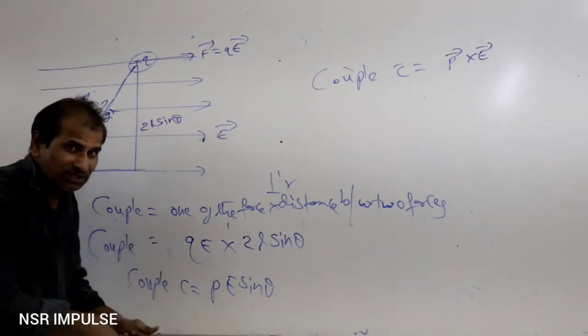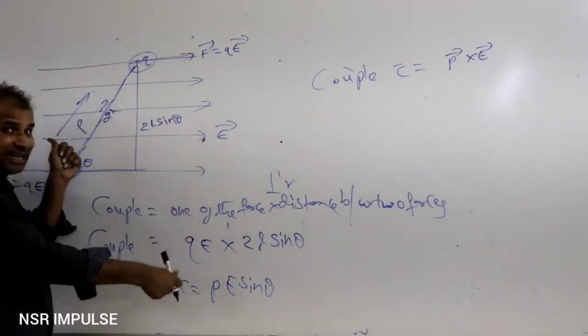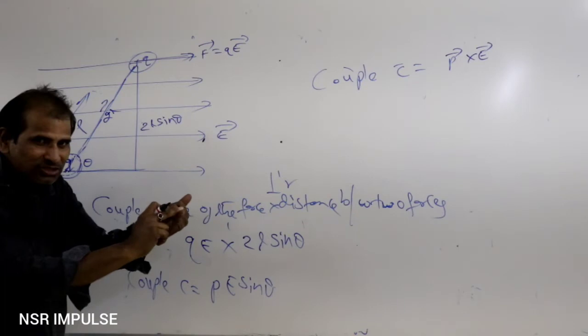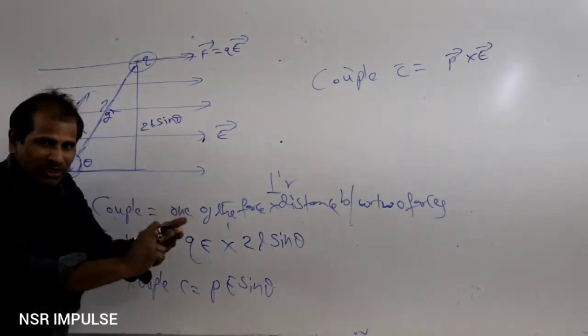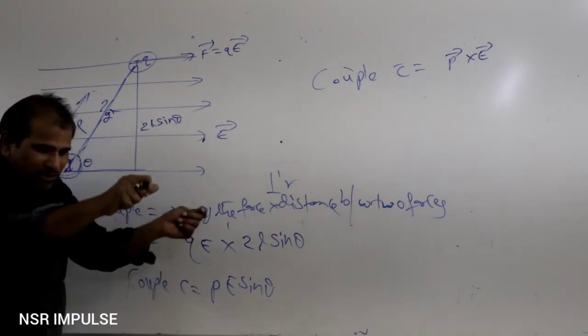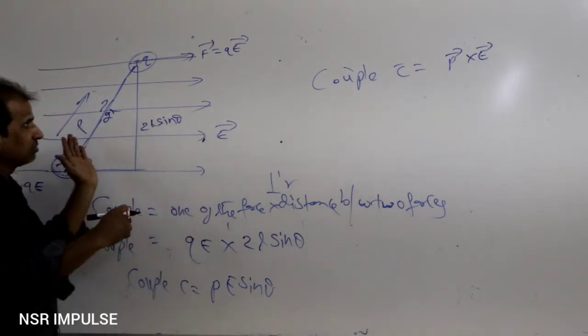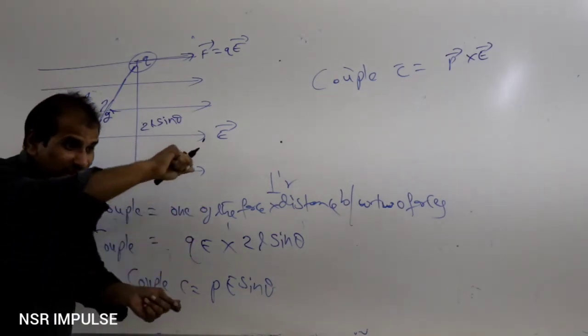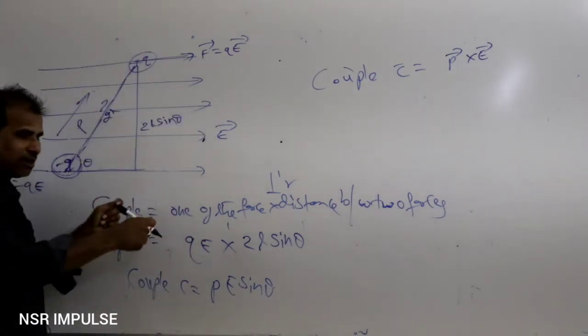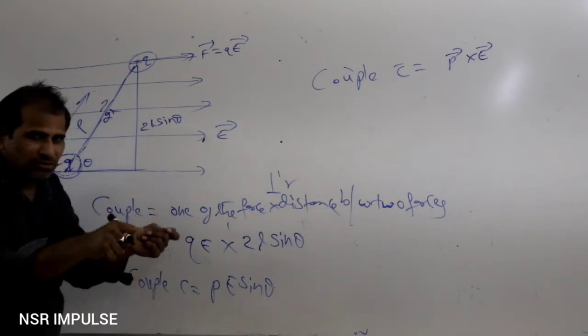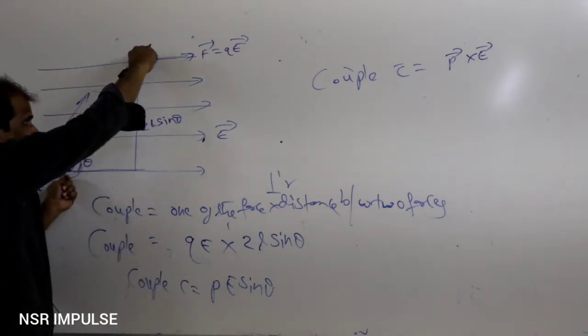Its purpose is to rotate the dipole. Torque acting means the body has to rotate. Couple acting means the dipole should get rotated.